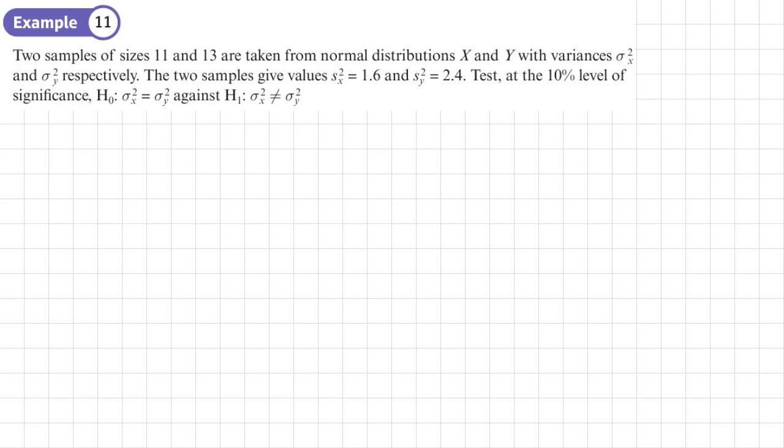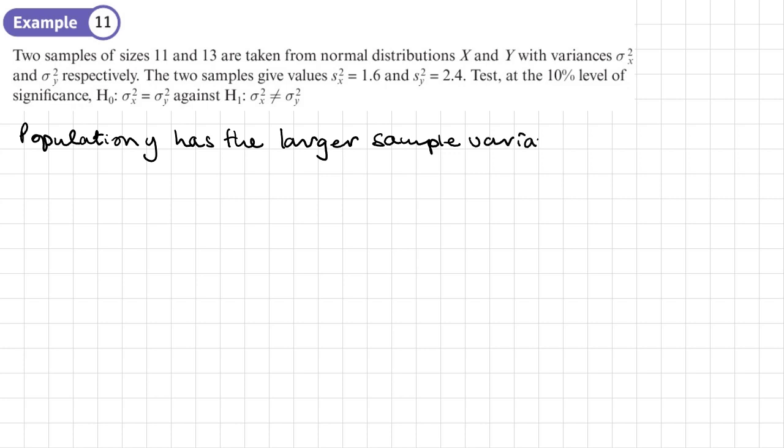So in this case, we have population Y has the larger sample variance, 2.4.